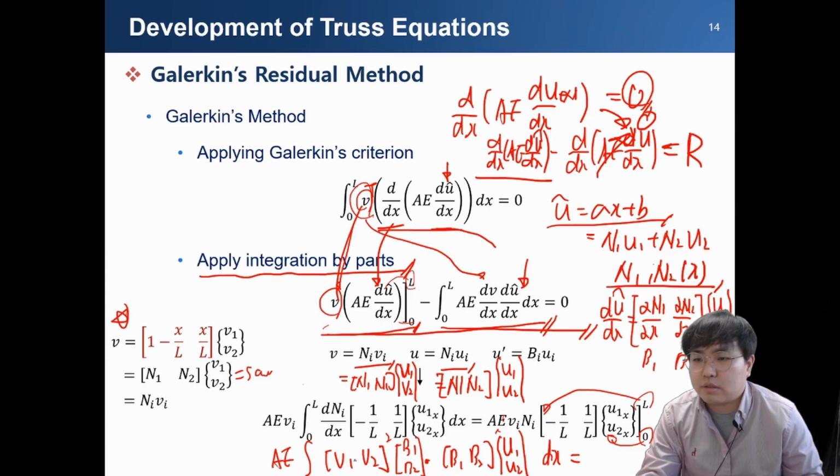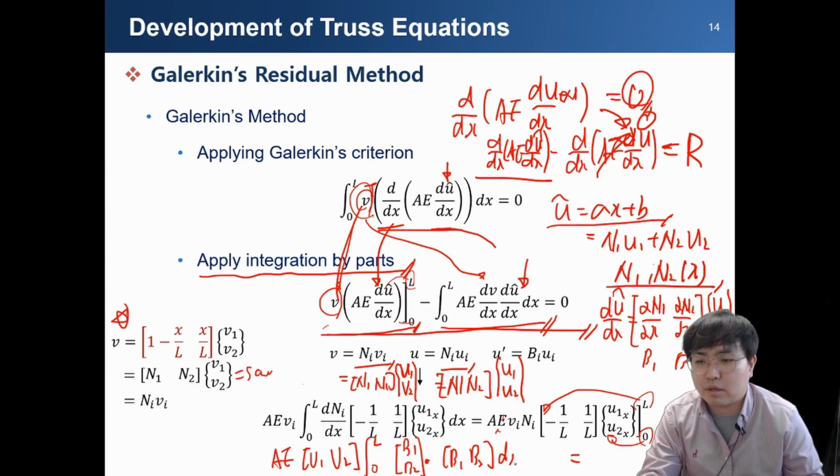Here, let's move v1 and v2 to the outside. It is because v1 and v2 are independent variables of x, so you don't need to worry about the integration of this part. Also, u1 and u2 are independent variables.